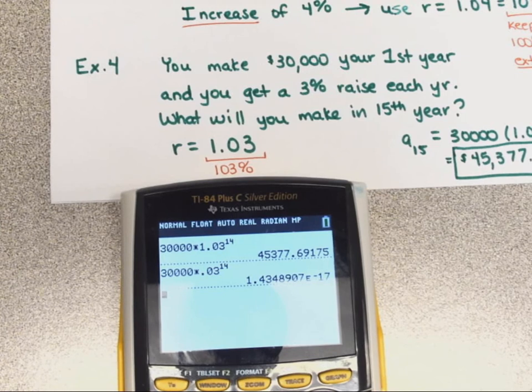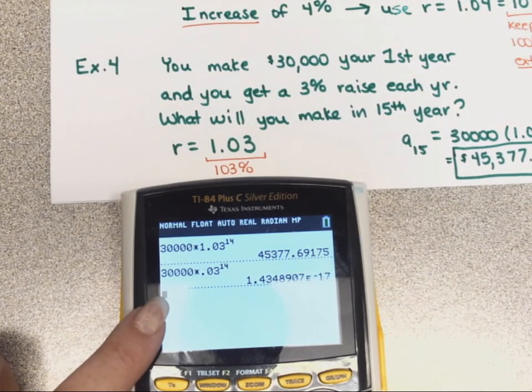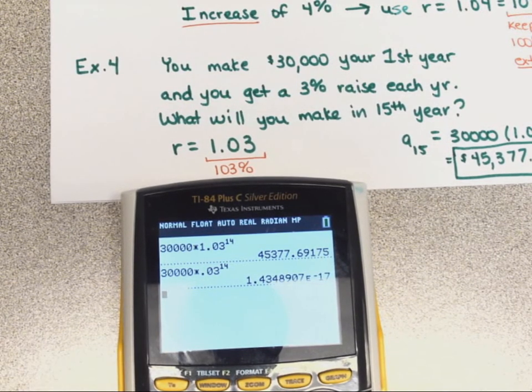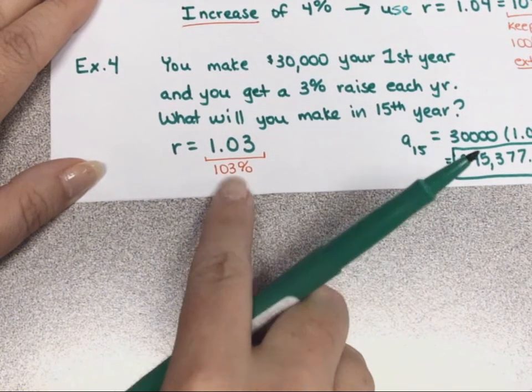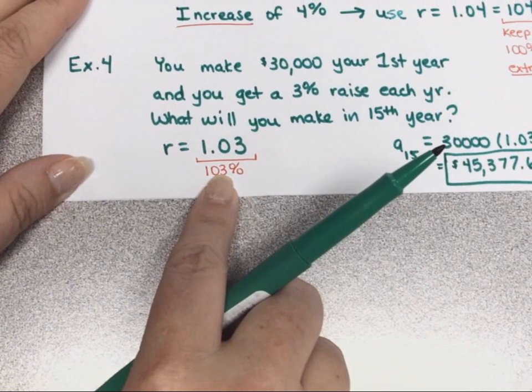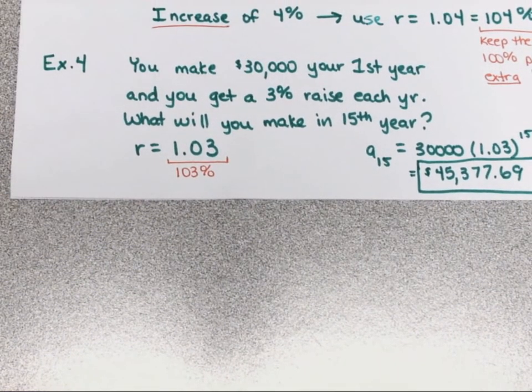By the way, that e to the negative 17 means we need to move the decimal place 17 spaces. It's a very, very tiny decimal because what did you do by accident? You said every year you were getting reduced to 3% of what you were making before, when we actually wanted to do what? Increase it by 3%, which means we have to have 1.03. Okay, so it's probably the biggest mistake that I see on geometric sequences, so just a heads up about that.